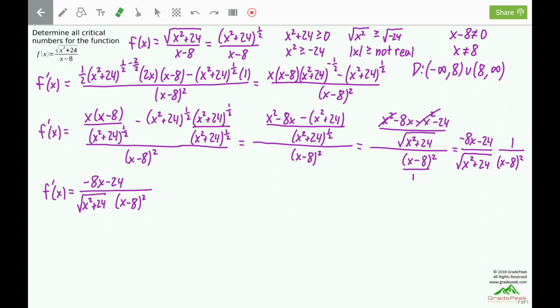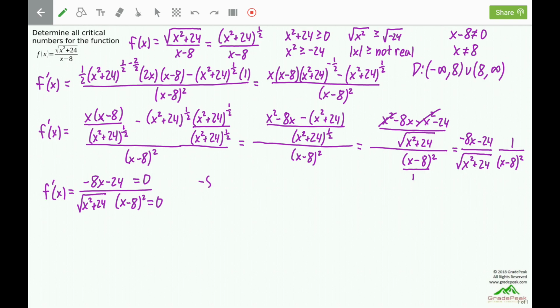So we've put the derivative into a single fraction. All powers are positive, so we can now set the numerator equal to 0 and the denominator equal to 0 and solve for all x's to make it true.